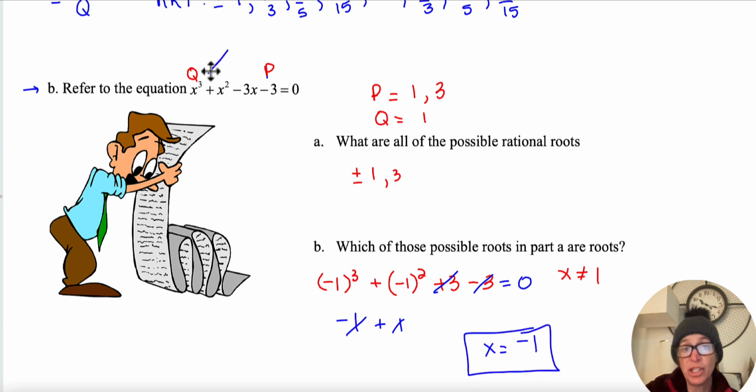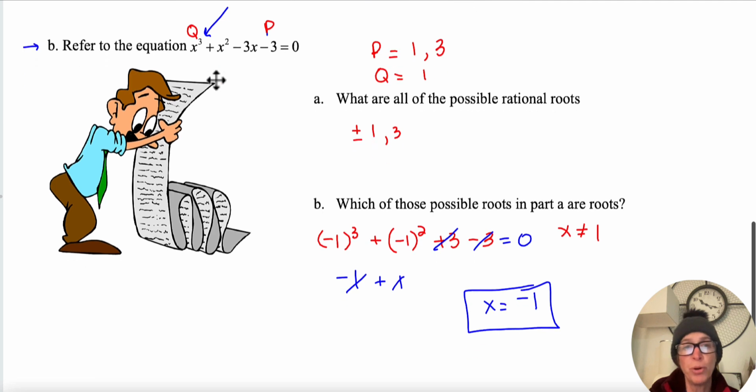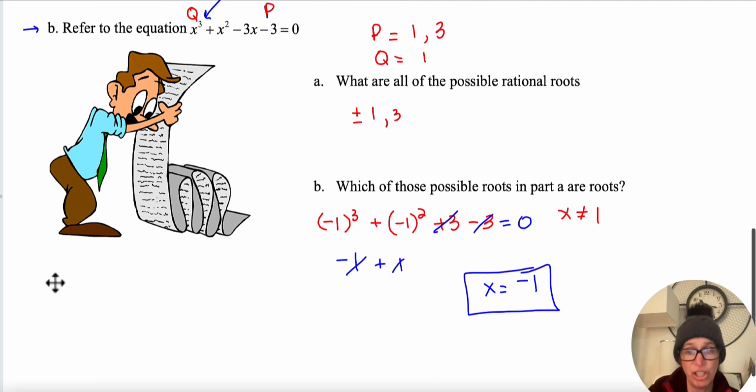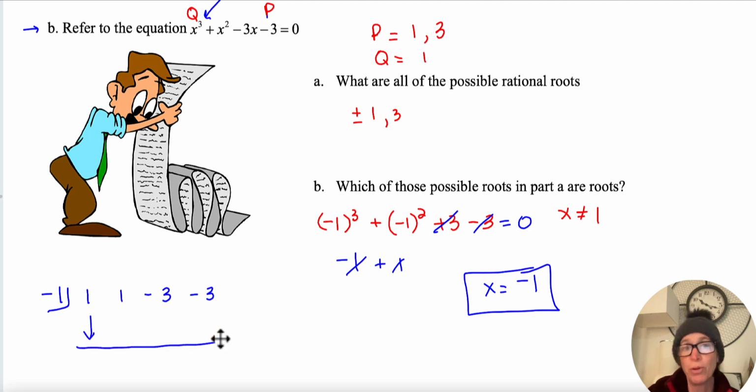Now, this is a degree 3 polynomial, so it means there could be more roots. Now that I have that one root, I'm going to use synthetic division, 1, 1, -3, and -3, to see if I can get a depressed polynomial that I can factor to find the other roots.